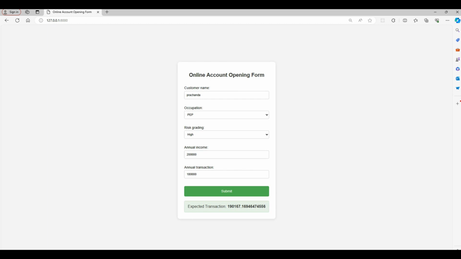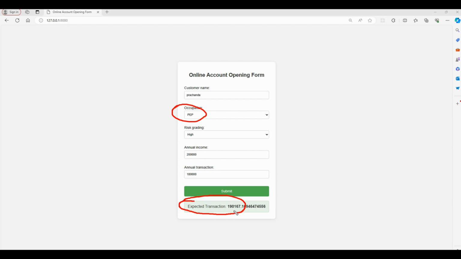So let's say for PEP, the expected transaction is around 190,000, which means we can create a scenario, and for the threshold value of that scenario we can put 190,000.